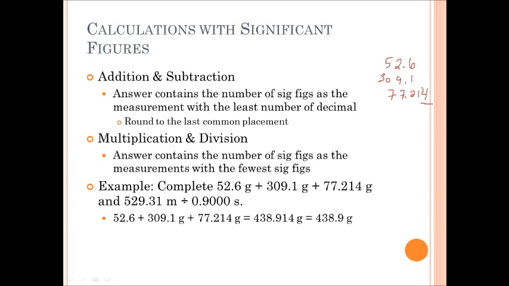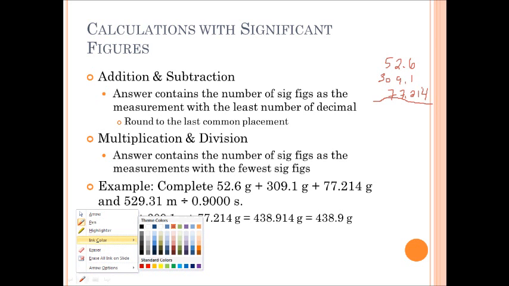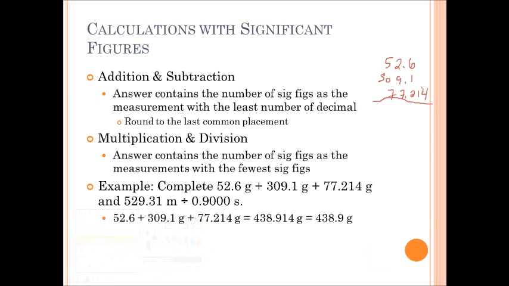Again, these are all grams. If we line them up, you can see here that the placement after the decimal, the tenths place, is the last place furthest to the right that these 3 numbers have in common. It's the last place we are certain that these all will have a value.